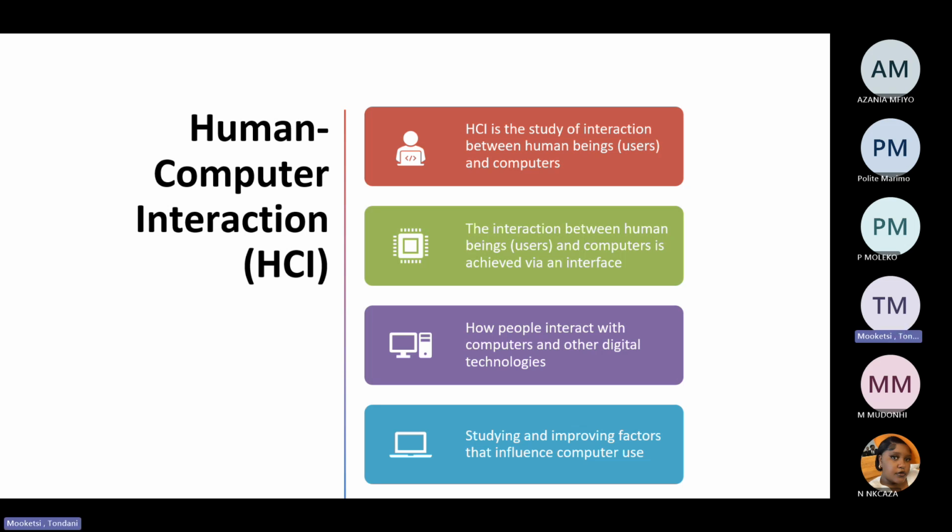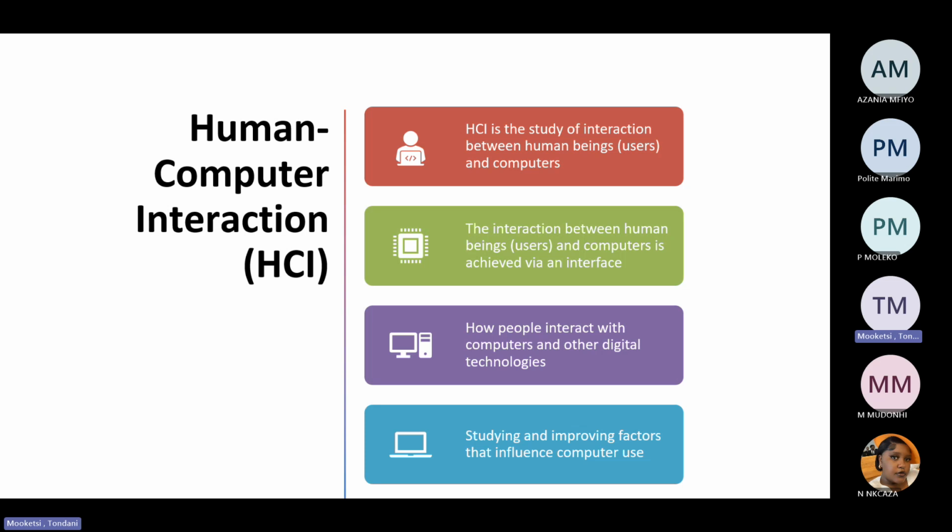This is the basic definition that you need to understand so that you are able to answer questions related to human-computer interaction. As long as you understand that it is the study of interaction between human beings and computers, then it's easier for you to apply what you're learning.